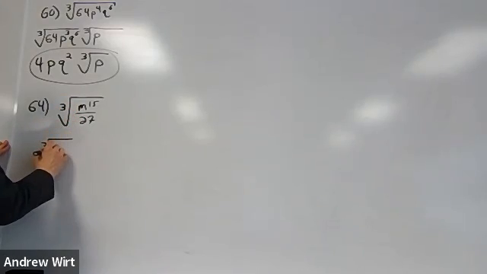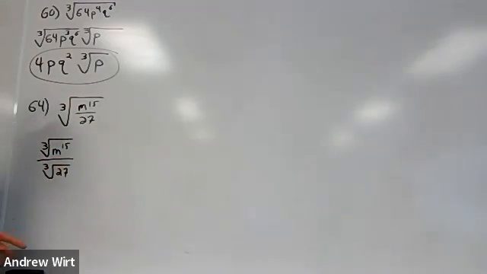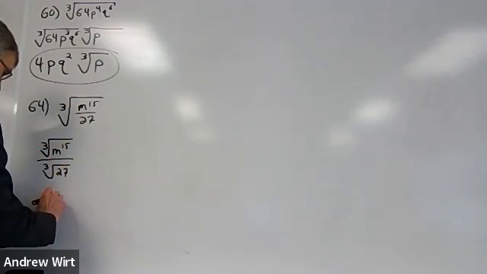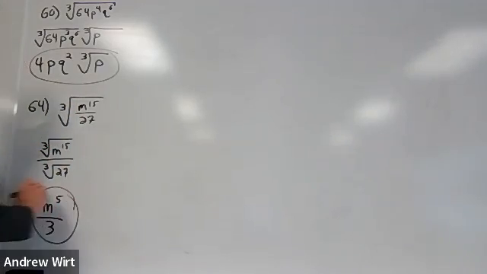So we get the third root of m to the 15, third root of 27, just using the quotient property. And then next up, 15 divided by 3 is 5. So we get m to the 5th, third root of 27 is 3. So that's m to the 5th over 3.